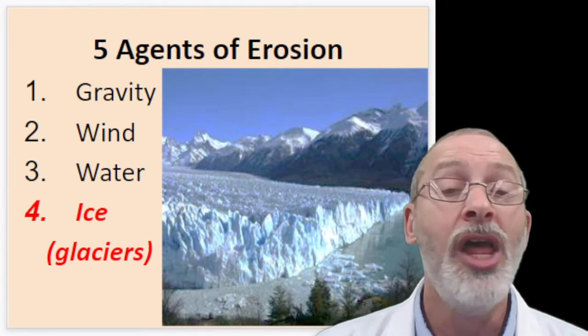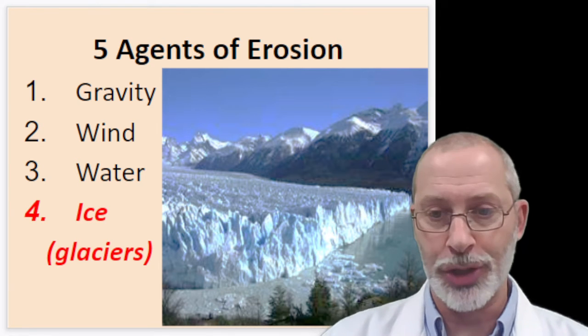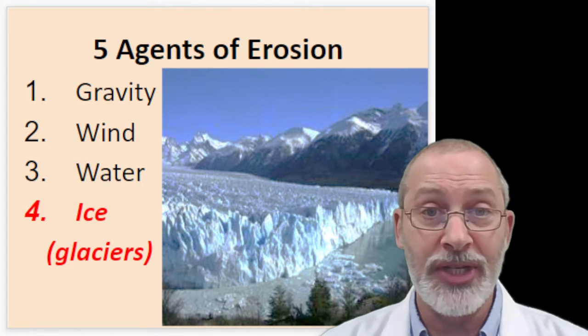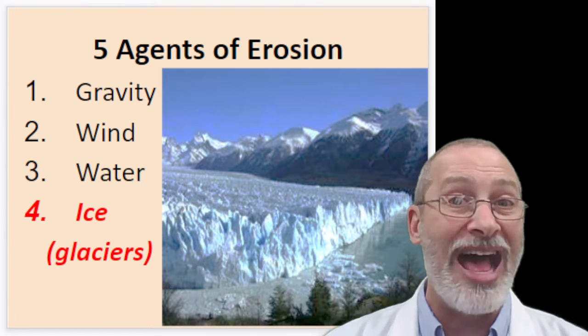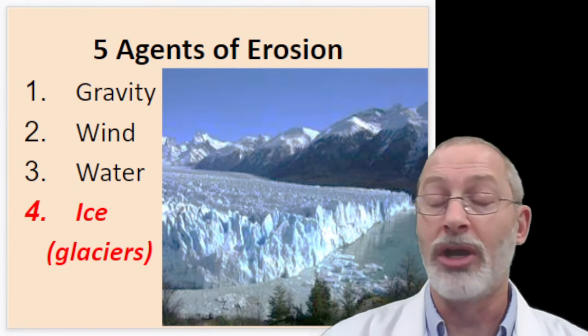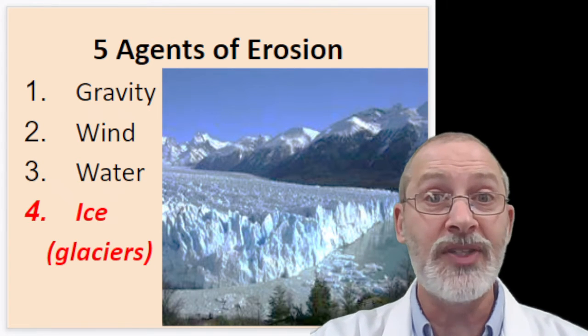It's just in the frozen form that we call glaciers. Glaciers can be either continental glaciers or valley glaciers. We'll talk about the difference between those two later on. And that brings us to number 5.